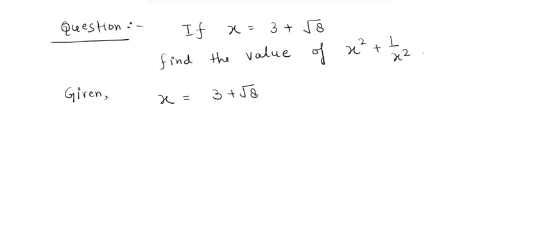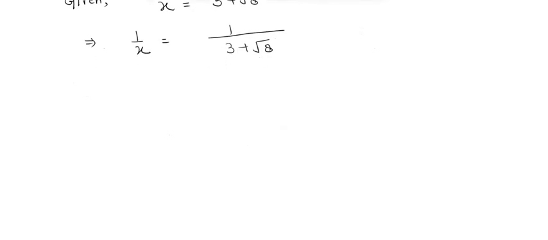So first we find 1 by x. So now 1 by x is equal to 1 divided by 3 plus square root 8. So here the denominator is an irrational number. So first rationalize denominator. So multiplying by conjugate of 3 plus square root 8.